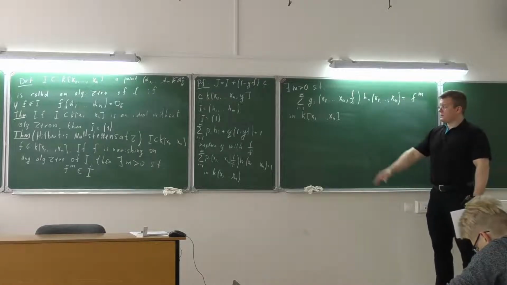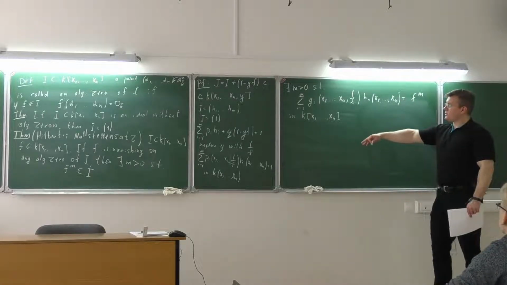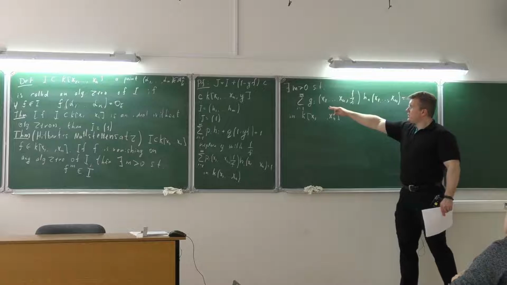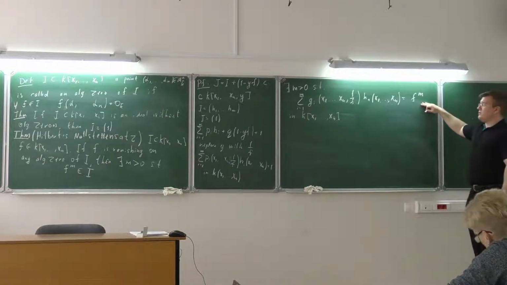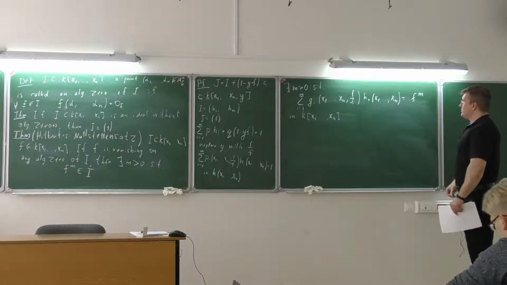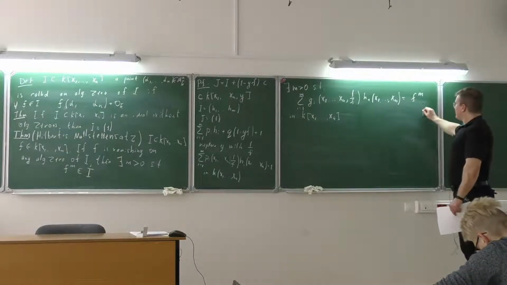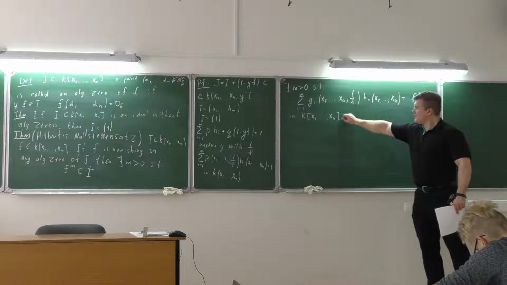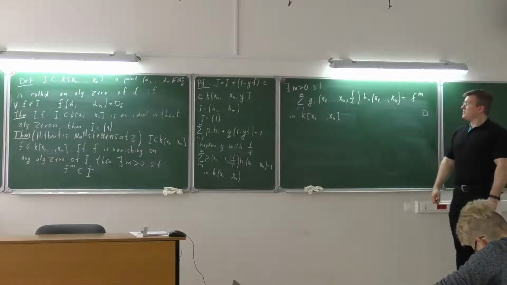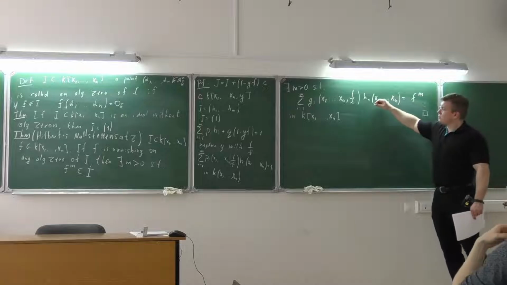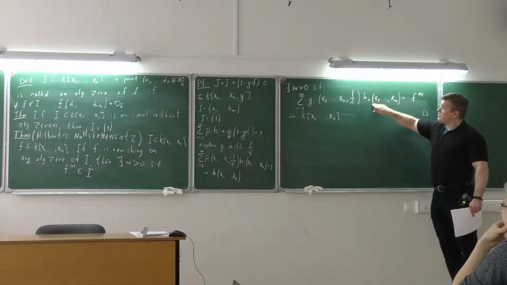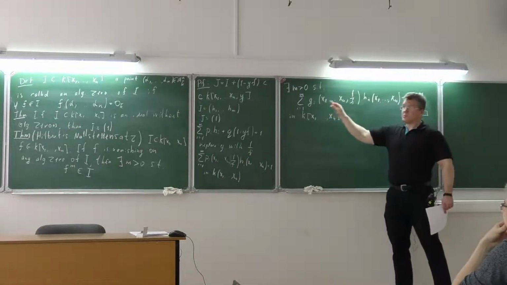Okay, so there are some denominators. I choose a sufficiently large power to kill all the denominators, and then I get an identity between polynomials. On the left-hand side and the right-hand side, there are polynomials. End of the proof, right? Because f^m is presented in terms of the generators of the original ideal with some coefficients, which are polynomials.